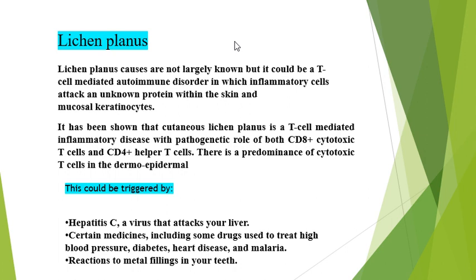So the causes are not largely known, but it could be a T cell mediated autoimmune disorder. Sometimes we call lichen planus a T cell disease, in which inflammatory cells attack an unknown protein within the skin and mucosal keratinocytes.